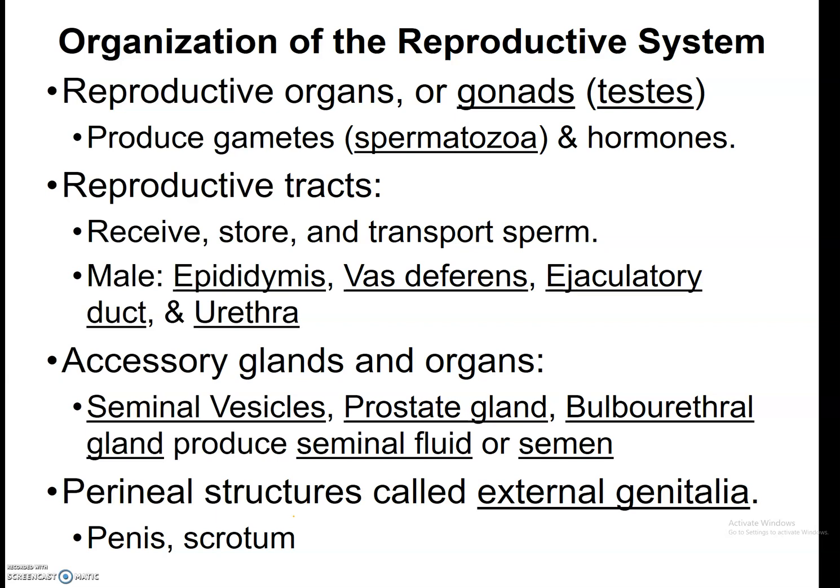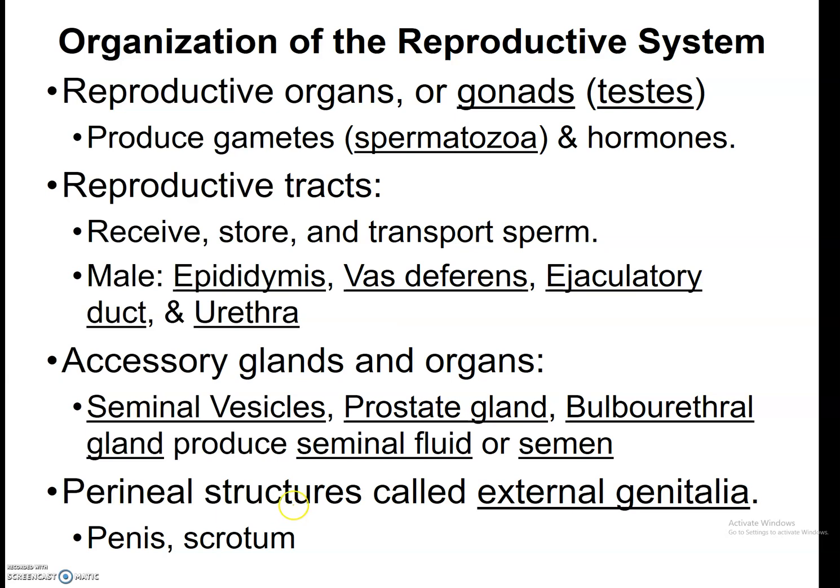So the reproductive system in males is broken down into specific segments: the epididymis, the vas deferens, which is a long duct, the ejaculatory duct, and the urethra, which we're familiar with from the urinary system. The glands that will be producing different fluids to support the sperm and fertilization are the seminal vesicles, the prostate gland, and the bulbourethral gland, which produce seminal fluid, and the seminal fluid formally is called semen.